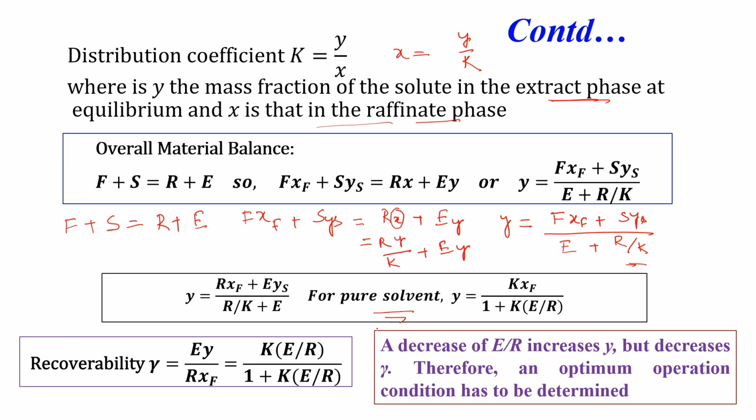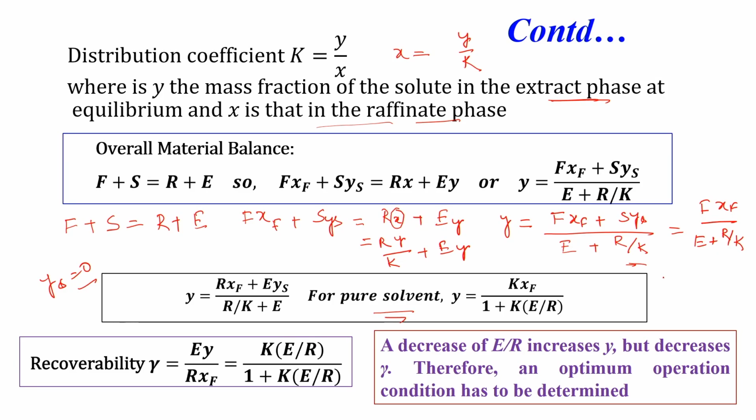Further, if you have the pure solvent, it means it does not have any solute at this moment, so YS is 0. So, this only becomes F XF upon E plus R upon K. Now, many times what happens? Of course, there will be a change in the composition, but there is no significant change in the amount.